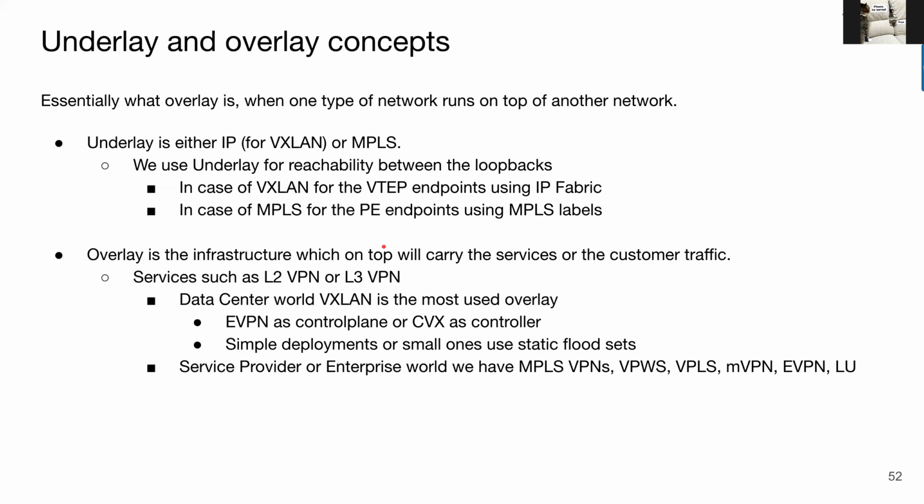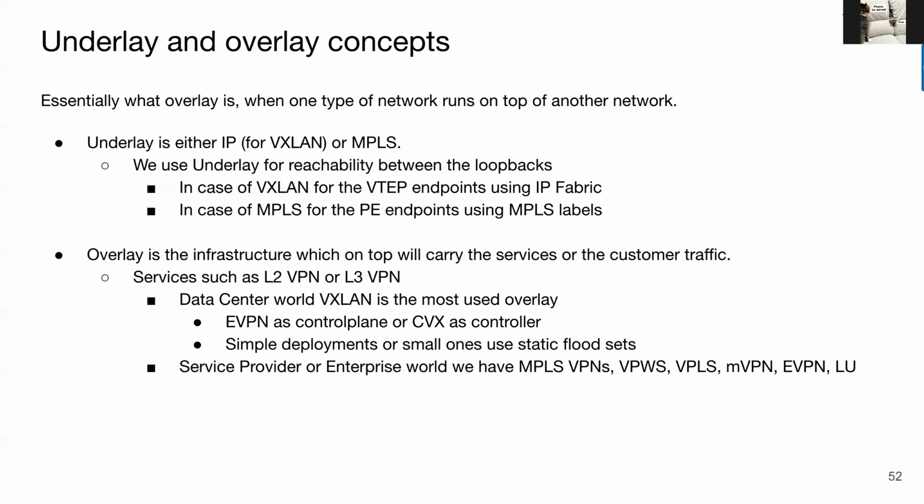The overlay is our VXLAN. It's also EVPN. So we have a VXLAN overlay and an EVPN overlay. They're both overlaid on top of this layer 3 connectivity, whatever it is.